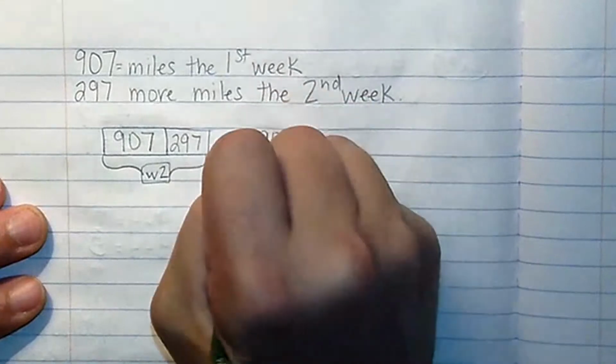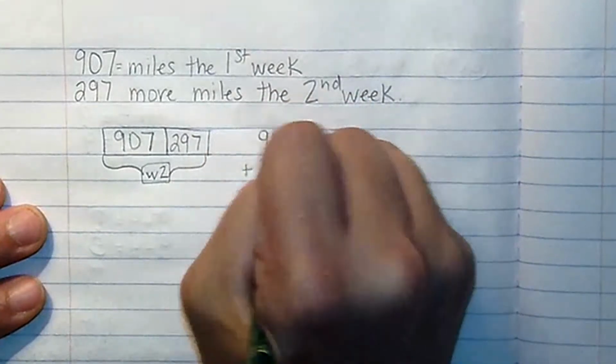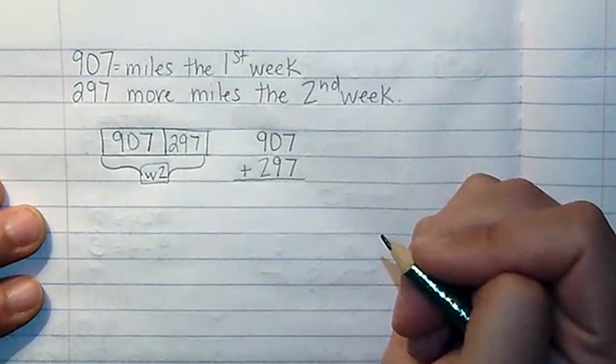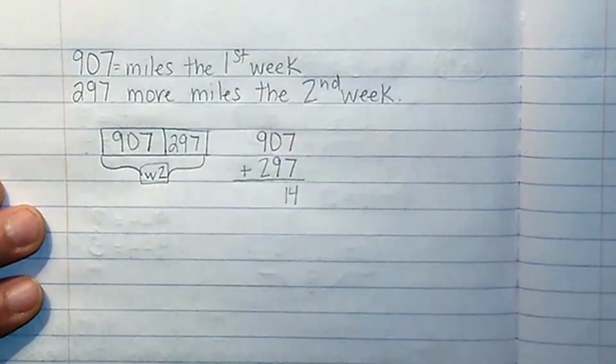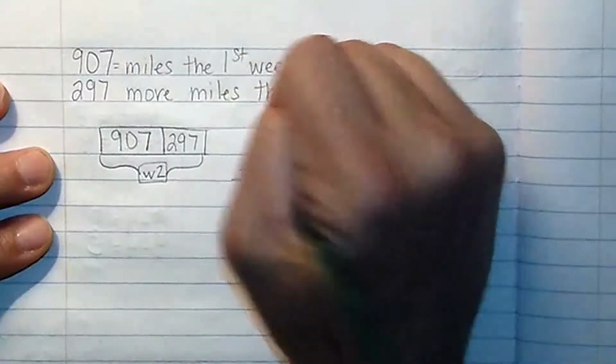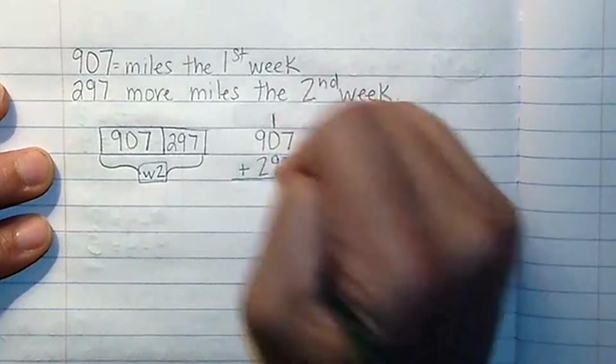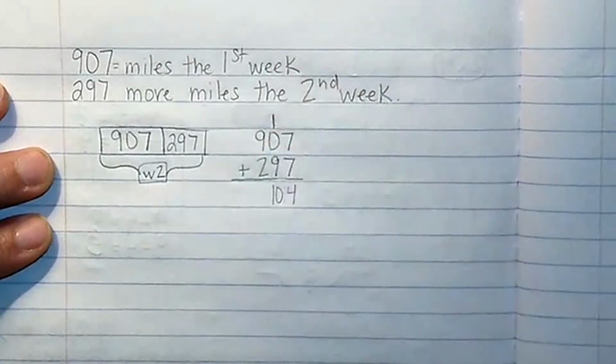907 plus 297. What's 7 plus 7? 14. Can I write it just like that? No. So I have to carry the 1 next door. What's 9 plus 1? 10.